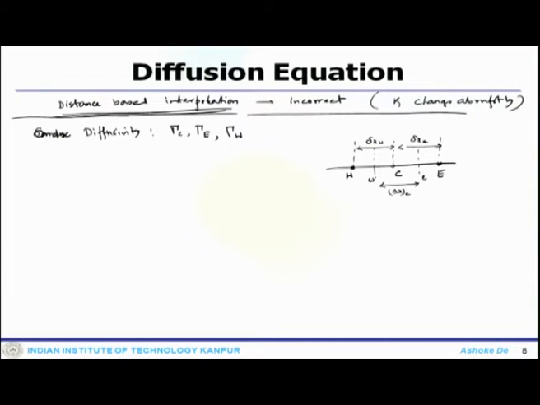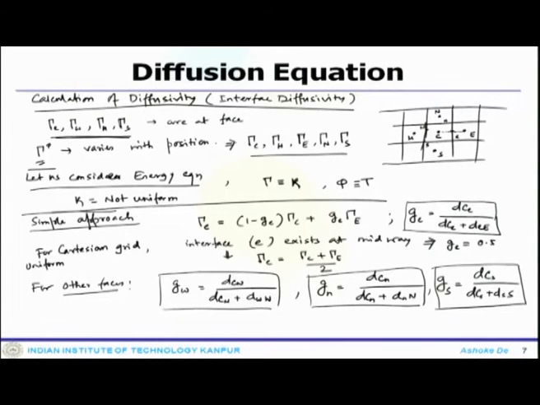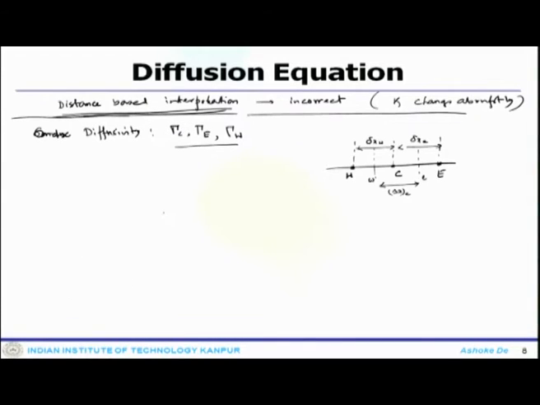In this one dimensional analysis, we are assuming there is a non-homogeneity of the diffusivity. If there is non-homogeneity, one approach, as we discussed, is this kind of arithmetic interpolation, but it may lead to problems when there are sudden or abrupt changes of diffusivity.